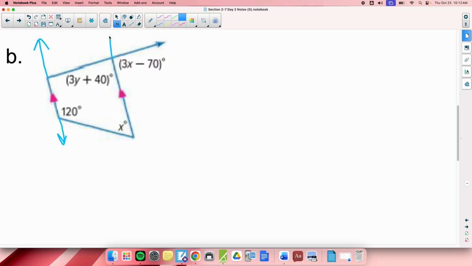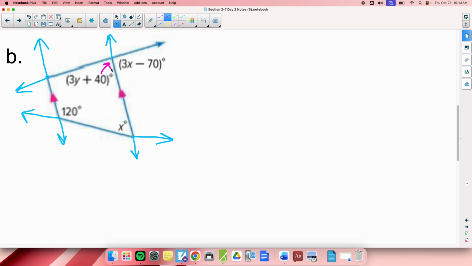Now here, it might help you to extend these again, but if you don't need that, that's fine. But certainly take the time to do that if you need it, okay? Now, again, if you're wondering, this 3y plus 40 is this angle right there, okay?